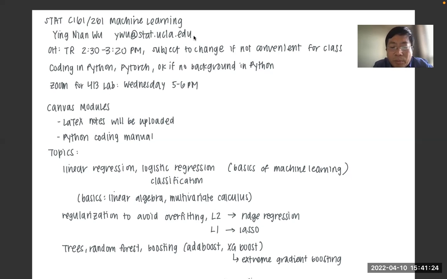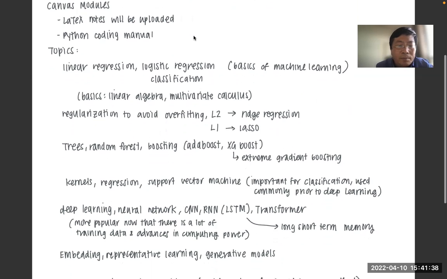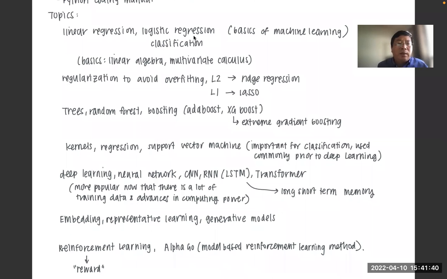And more importantly, from a practical point of view, the XGBoost, the extreme gradient boosting, which has the best performance in many machine learning tasks. And then we shall study kernel methods, which actually is a generalization of L2 regression.